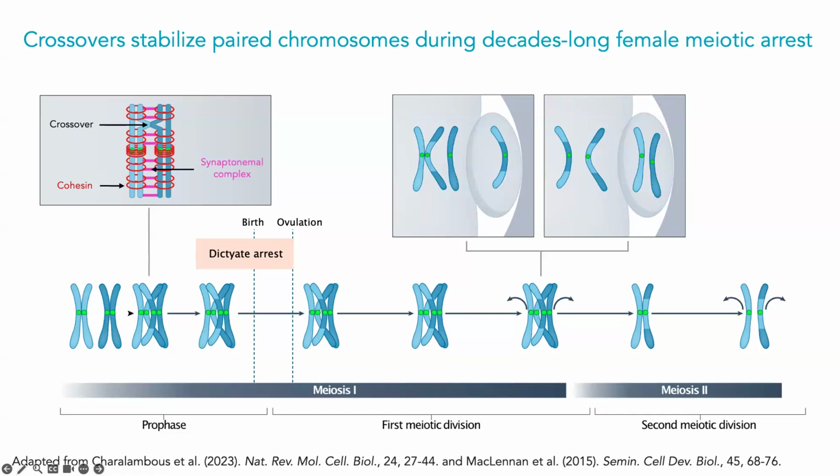So they can lead to this phenomenon called premature separation of sister chromatids, which then causes the sister chromatids to segregate independently in meiosis 1, or this other phenomenon called reverse segregation, where you have segregation of sister chromatids at meiosis 1 and then homologous chromosomes at meiosis 2. So the opposite order that it's supposed to happen.